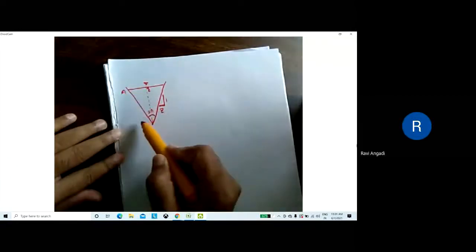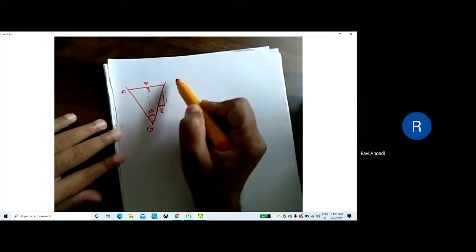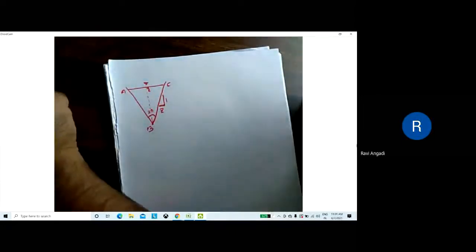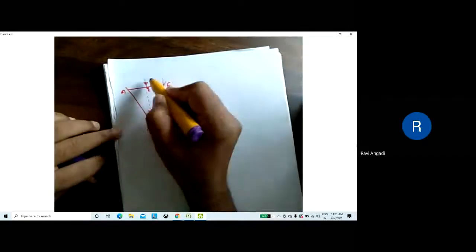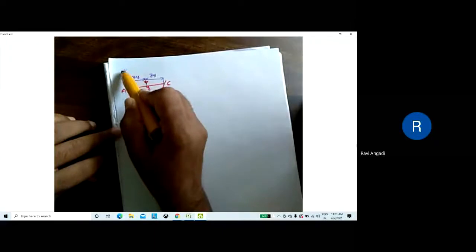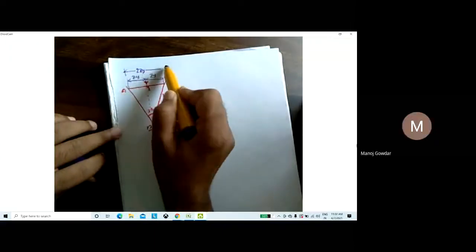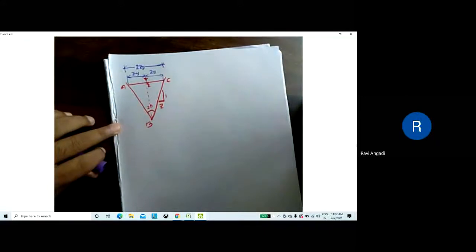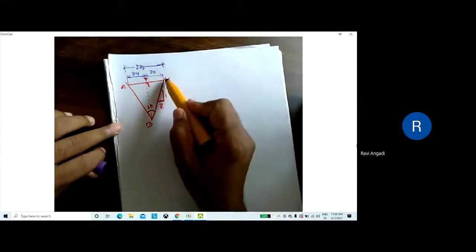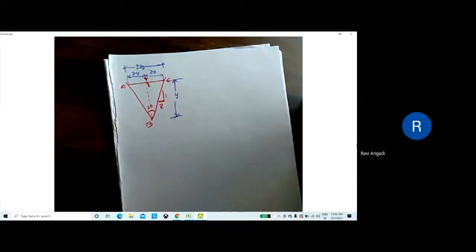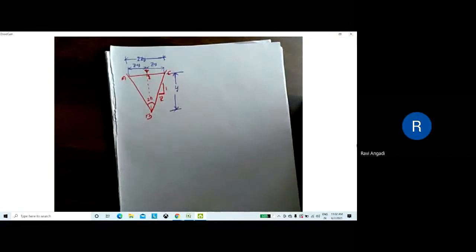Then A, B, C. What is the top width? ZY plus ZY, that is 2ZY. Draw this and take the depth of flow as Y. Now you can derive the equation.